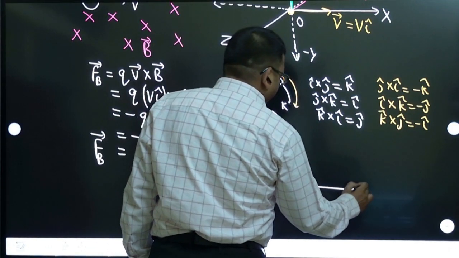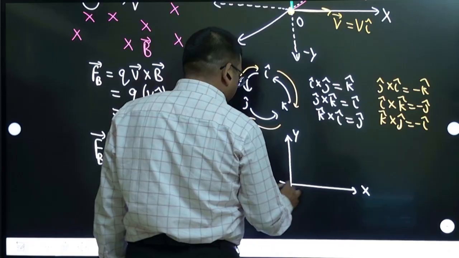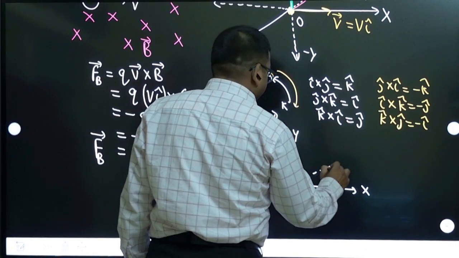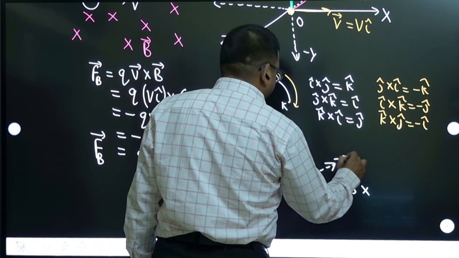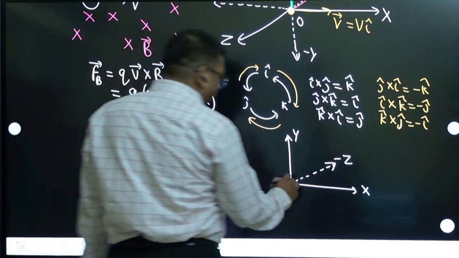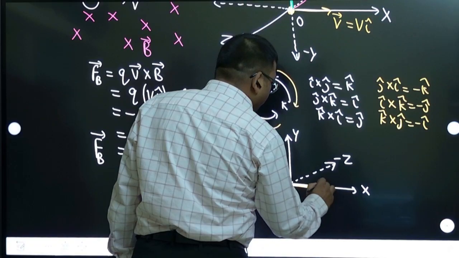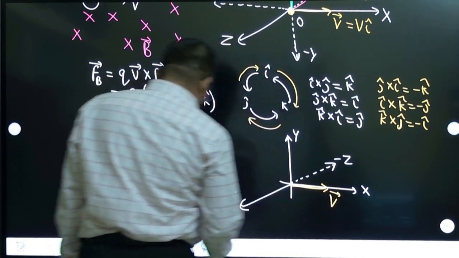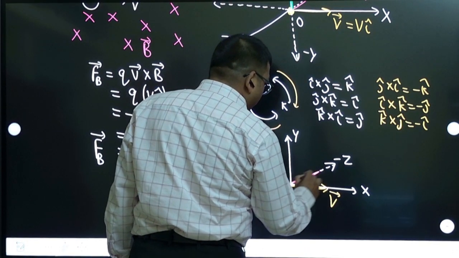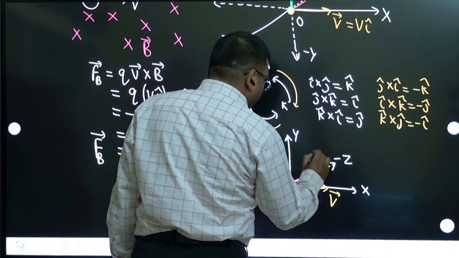Let's understand the right hand thumb rule. So this is the x-axis, y-axis, z-axis, and this is the negative z-axis. Right hand thumb rule says that we have to curl our fingers. This is the direction of the velocity vector, and this is the direction of the magnetic field, which is inside.